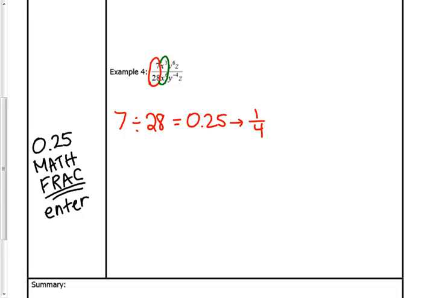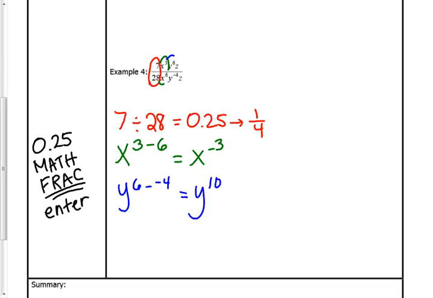Okay, let's look at our x's. We had exponents of 3 and 6, so we're going to subtract 3 minus 6, and that's going to give us a negative 3. Take your y's here. We have y to the 6 minus negative 4. Sorry, it's hard to see that there. 6 minus negative 4 is actually going to give you a positive 10.